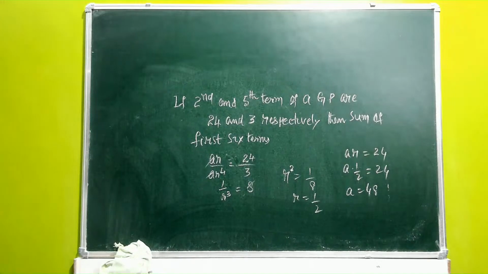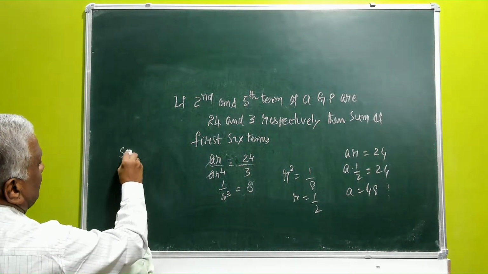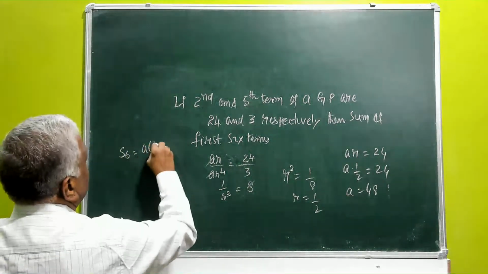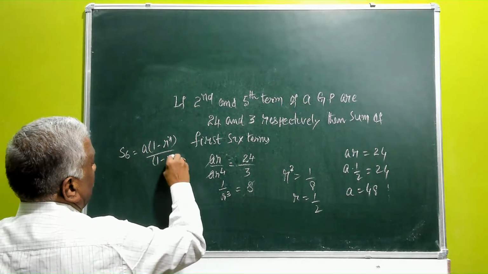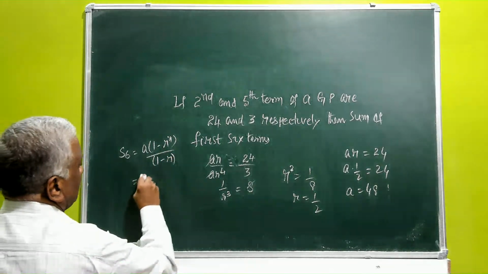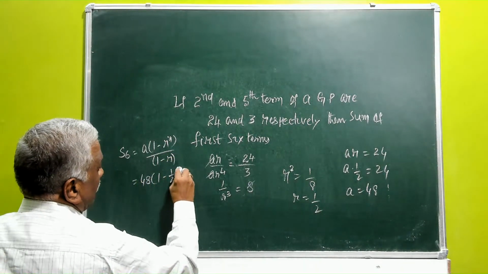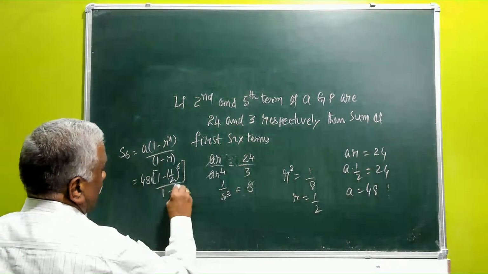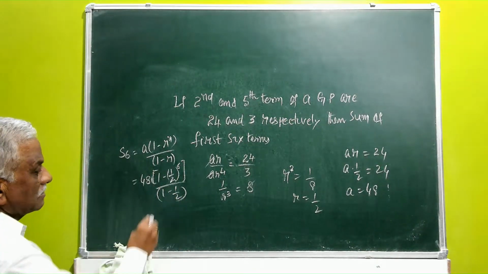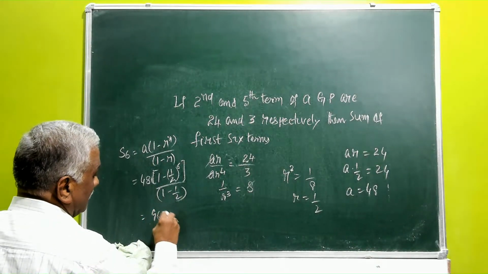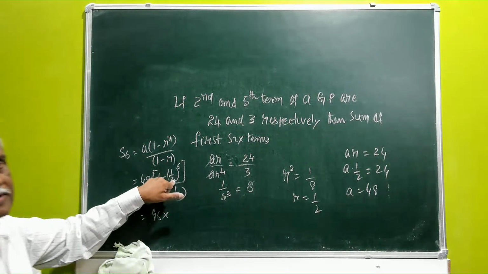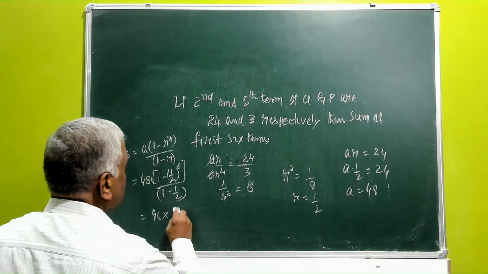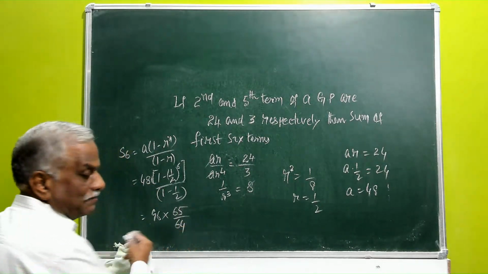The problem is not over. They want S6. You know R is less than 1. So use the formula A into 1 minus R to the power of n by 1 minus R. What is A? 48. 1 minus half to the power of 6, over 1 minus half. So this half will come up, it becomes 96. This is 2 to the power of 6. 2 to the power of 5 is 32, 2 to the power of 6 is 64. 64 minus 1 is 65 divided by 64.